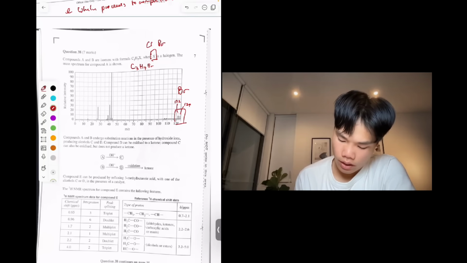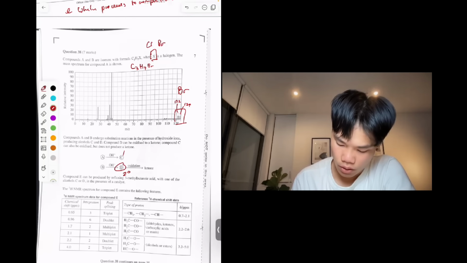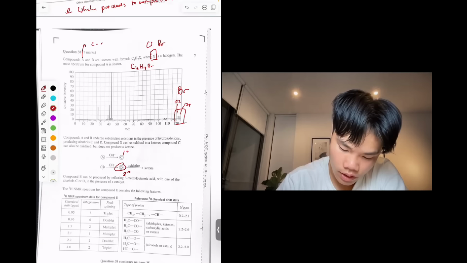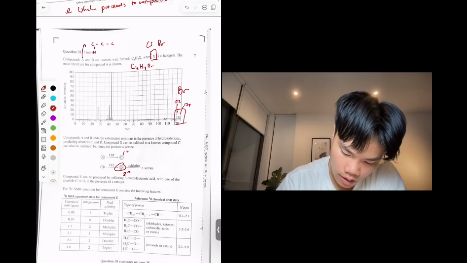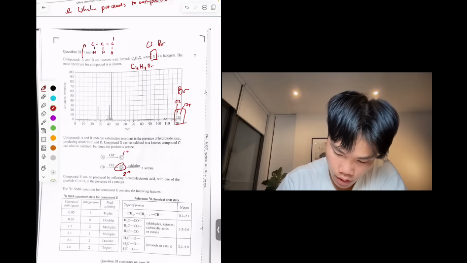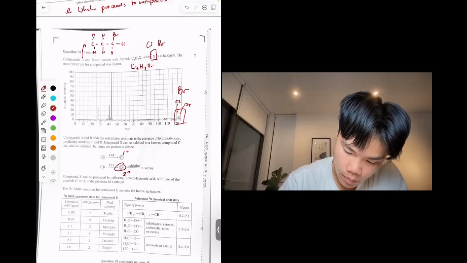So we know that D has to be a secondary alcohol, while C can be oxidized and does not produce a ketone, which means it is a primary alcohol. That tells us that A is in fact C, C, C, H, H, H, with a Br on one of the end terminal carbons as follows.